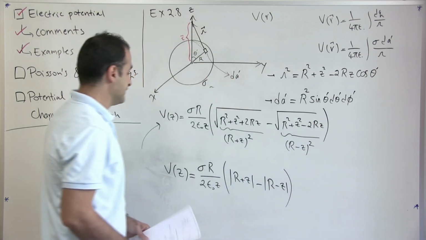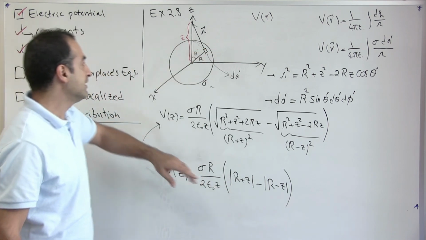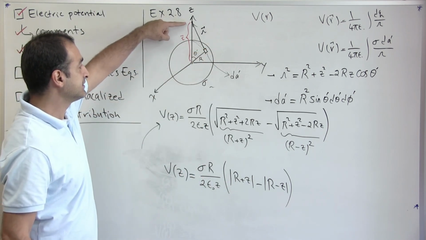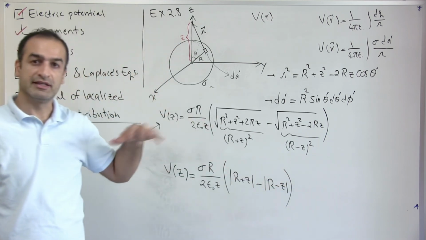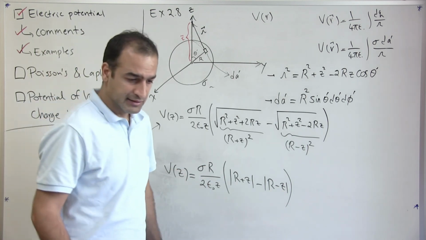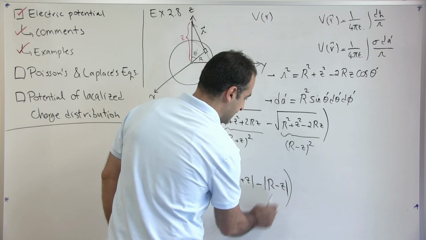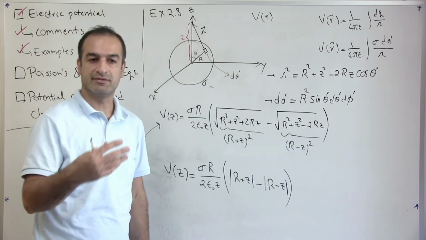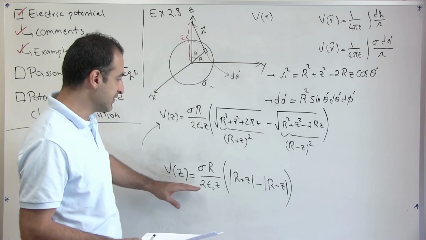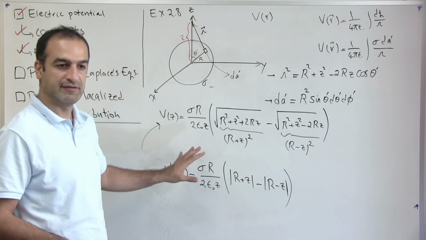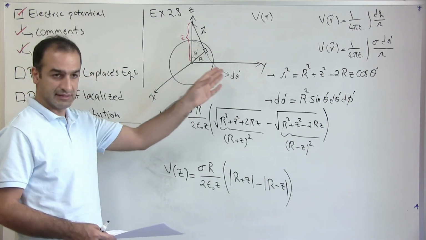Okay. So we did this integral, started here and came to this point without the assumption of z being either inside or outside. So this is pretty general, whether we are inside or outside the sphere. The interesting thing is that the sign of this absolute value will change depending on whether z is smaller than r or bigger than r. Based on that, if we are inside or outside, we're going to get different values for the potential and different kinds of dependence on the distance.